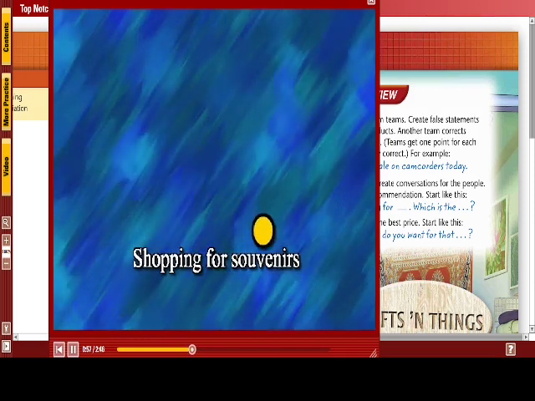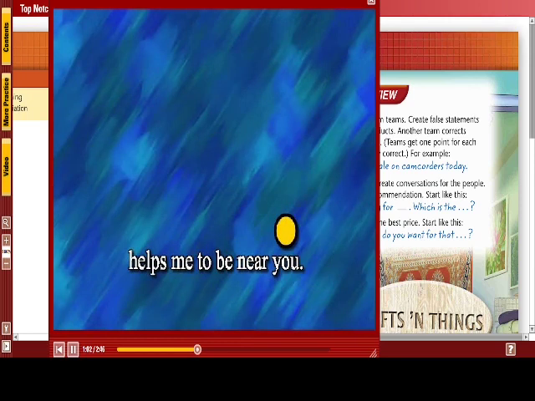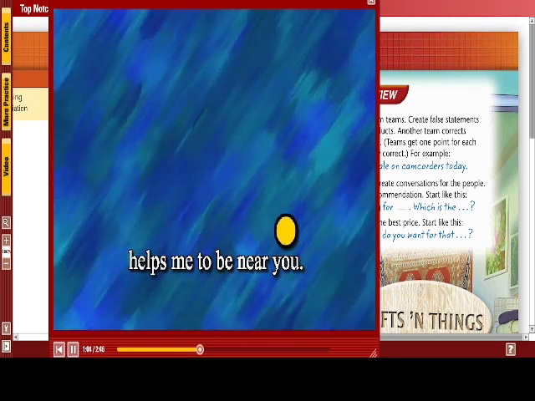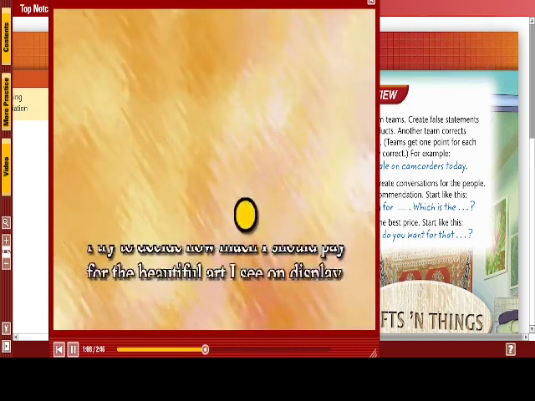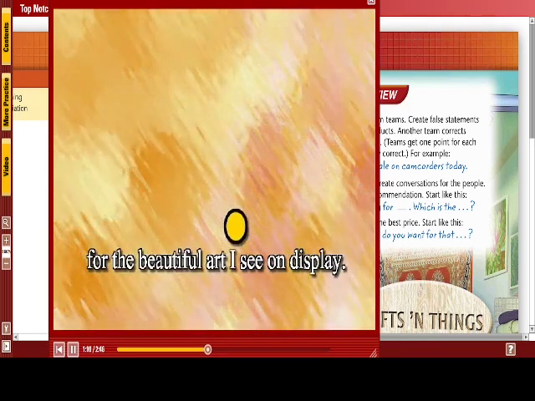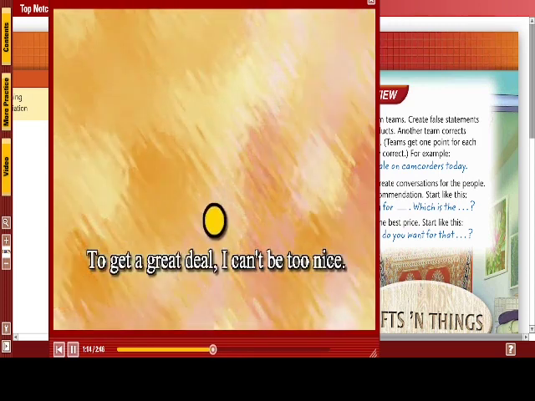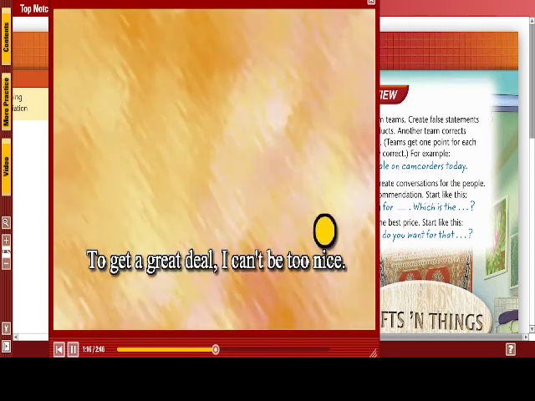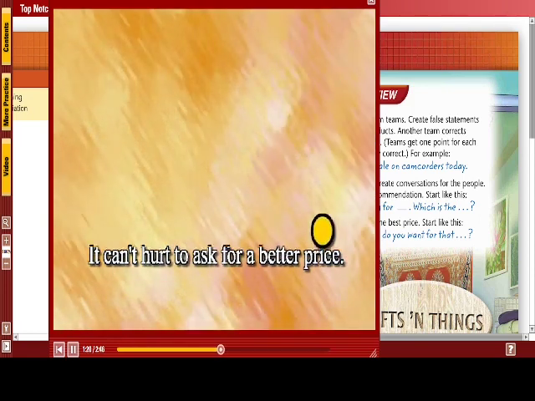Shopping for souvenirs helps me to be near you. I try to decide how much I should pay for the beautiful art I see on display. To get a great deal, I can't be too nice. It can't hurt to ask for a better price.